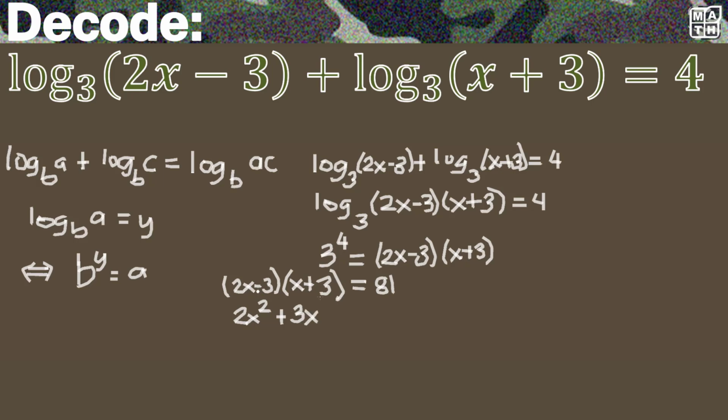Then you have negative 3 times positive 3, so you have minus 9, equal to 81. Or you will have a form here which is 2x squared plus 3x. When you subtract 81 from both sides so that this will be equal to 0, you will have negative 9 minus 81, you have negative 90, equal to 0.